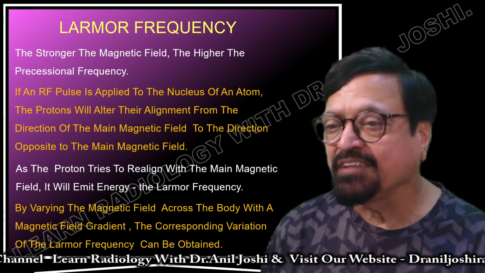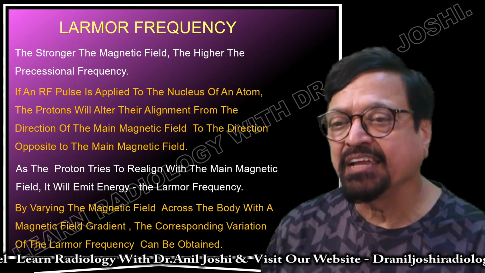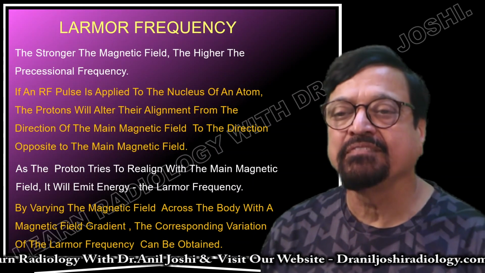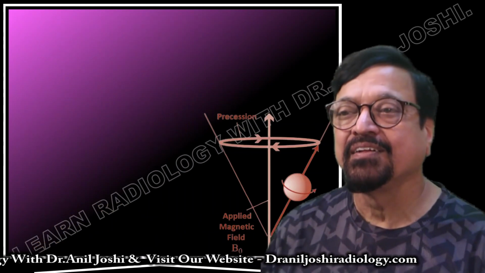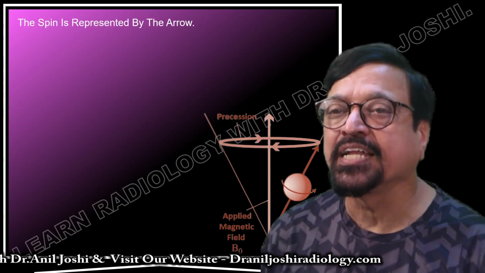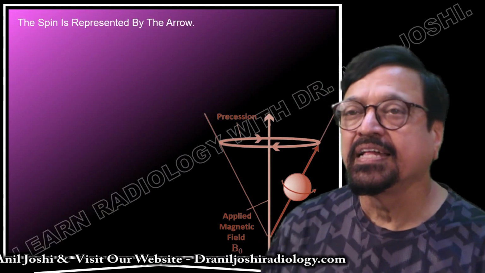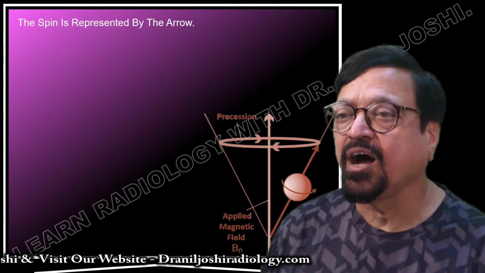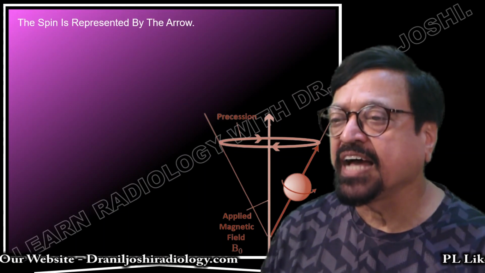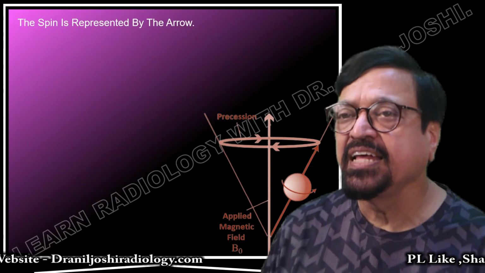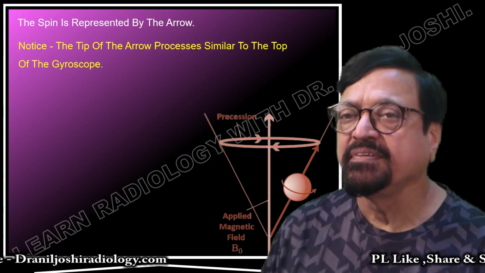By varying the magnetic field across the body with a magnetic field gradient, the corresponding variation of the Larmor frequency can be obtained. Now here we are again going into details of it. The spin is represented by an atom. The circular one with an arrow showing movement is a spinning atom.